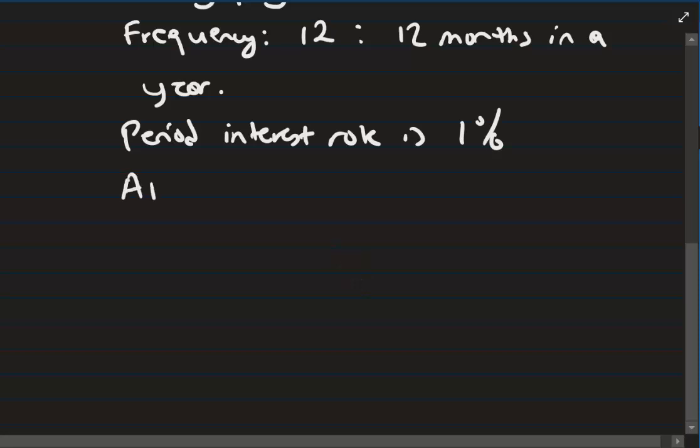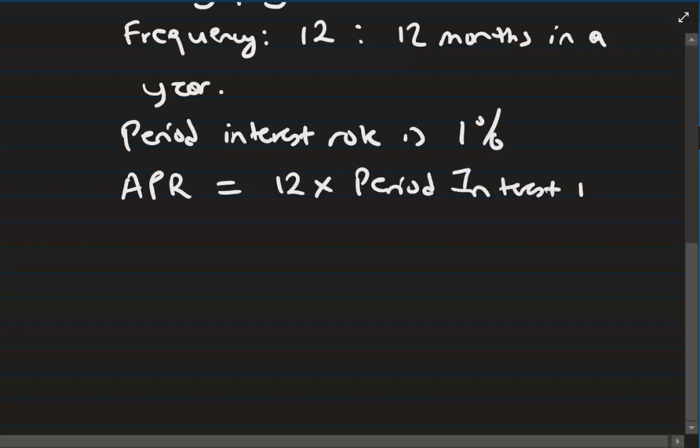Then APR is going to be 12 times the period interest rate. So in this case, 12%.